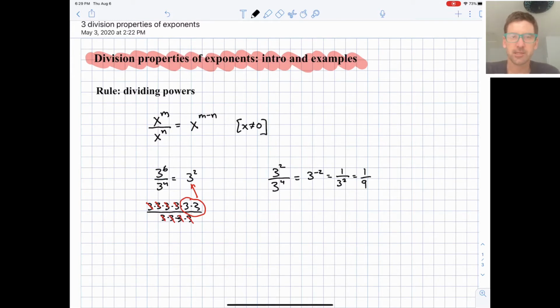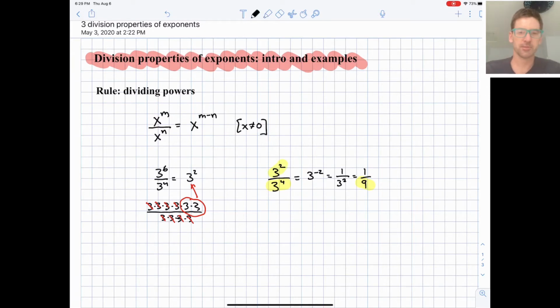And that kind of makes sense. We want more of our 3's to stay in the denominator because we started out with more in the denominator, and we only have so many 3's that we can cancel out based on what we have in the numerator. We only have 2 3's we can cancel out.